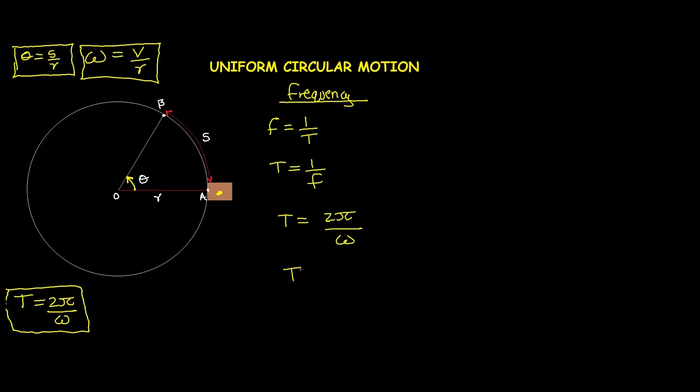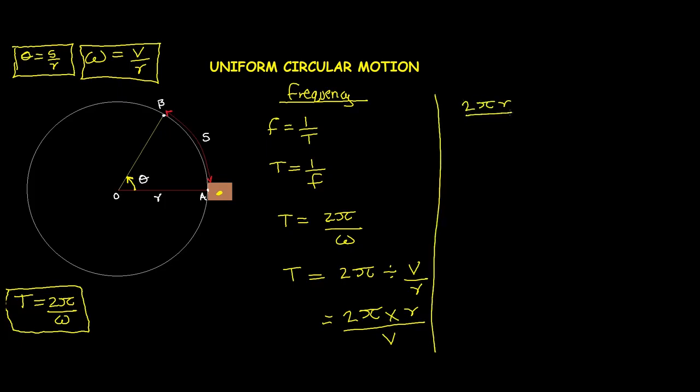So you can write it as T is equal to 2 pi, then we need to divide it with this formula here for omega, which is v divided by r. So if we do this, it will be 2 pi multiplied by r divided by v. And the final formula here is 2 pi r divided by v, which is equal to the period. So you can rewrite this formula as period is equal to 2 pi r divided by v. So we can add this formula to our list here.